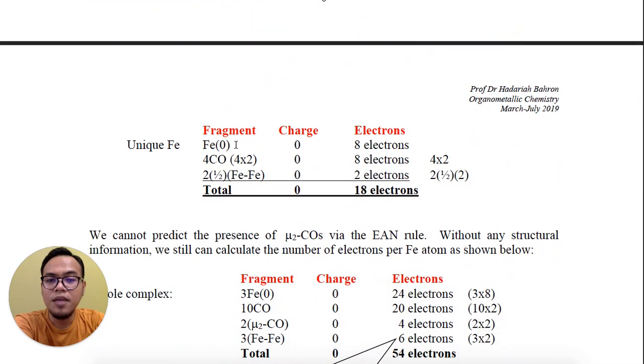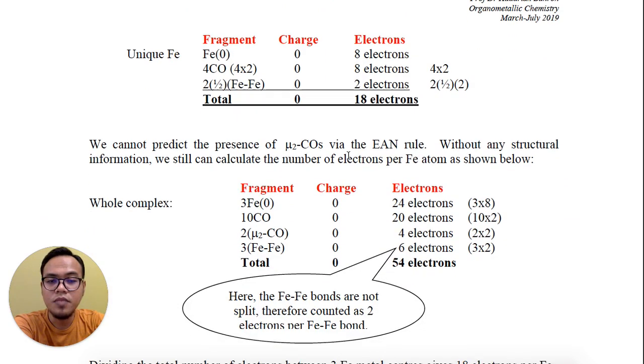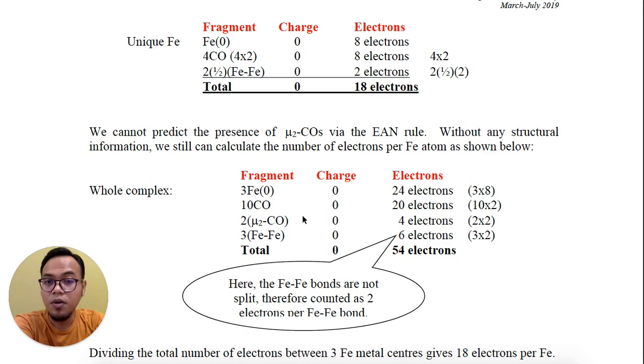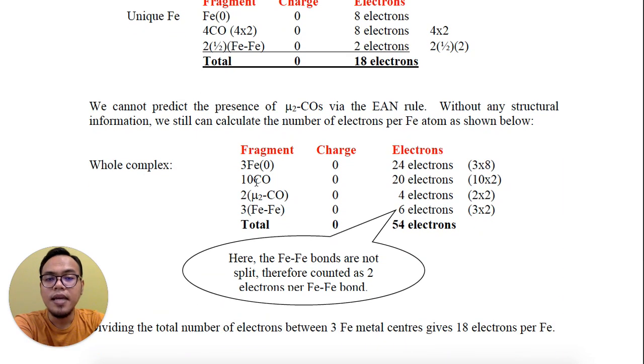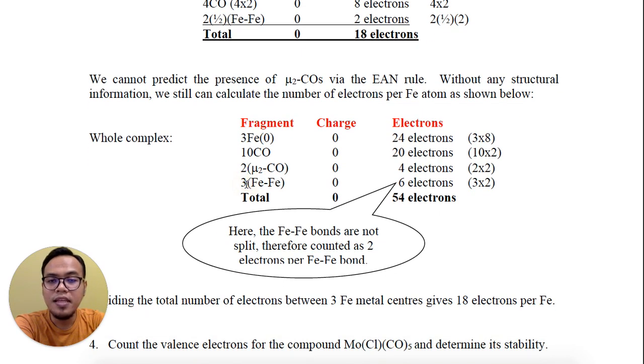3Fe, so 3 times 8 is going to be 24. And then 10CO, or in this case, since we do not know that your bridging ligand is present, 12. 12 times 2 is going to be 24. So 24, 24, 48. Now we have 3 iron to iron bonds.